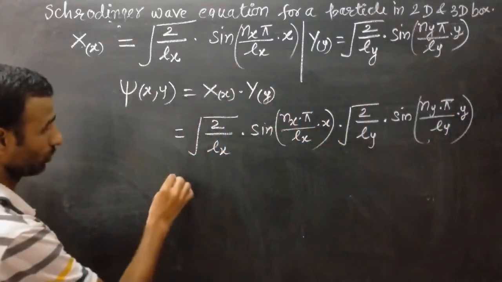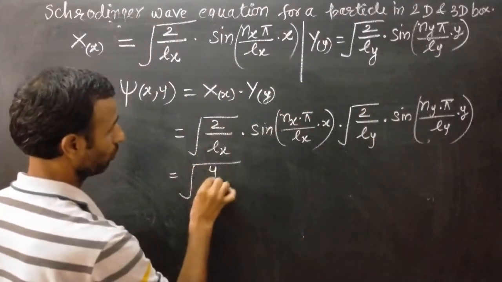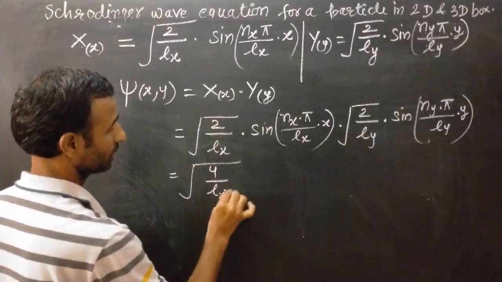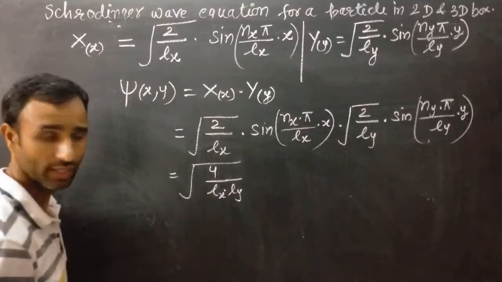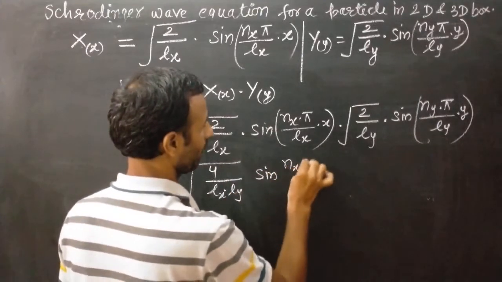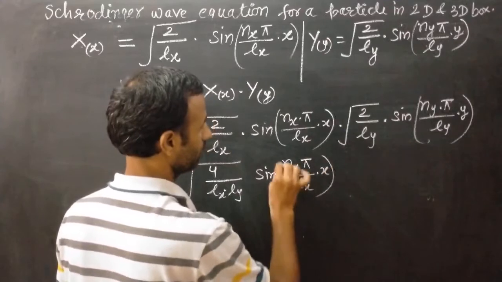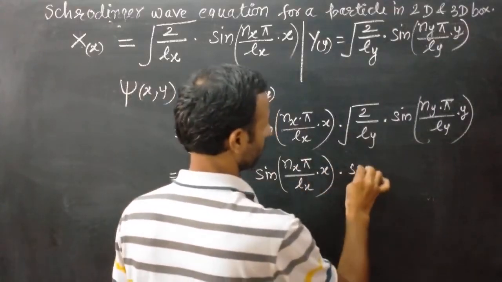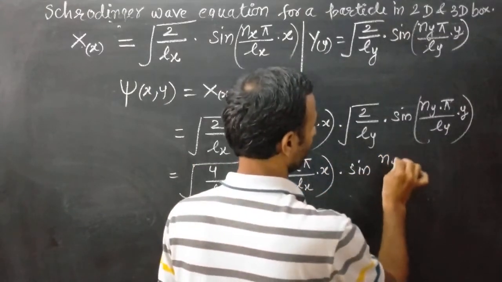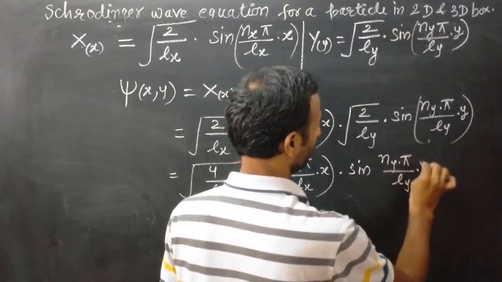Right? So that becomes √(2×2) which is 4, upon Lx into Ly, into sin(nxπx/Lx) into sin(nyπy/Ly).